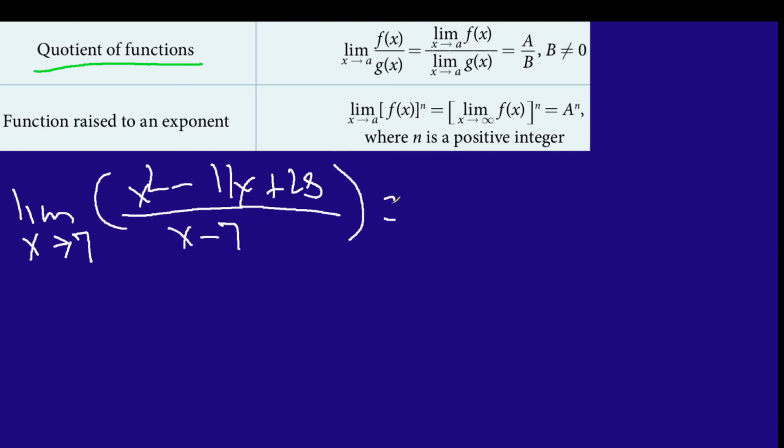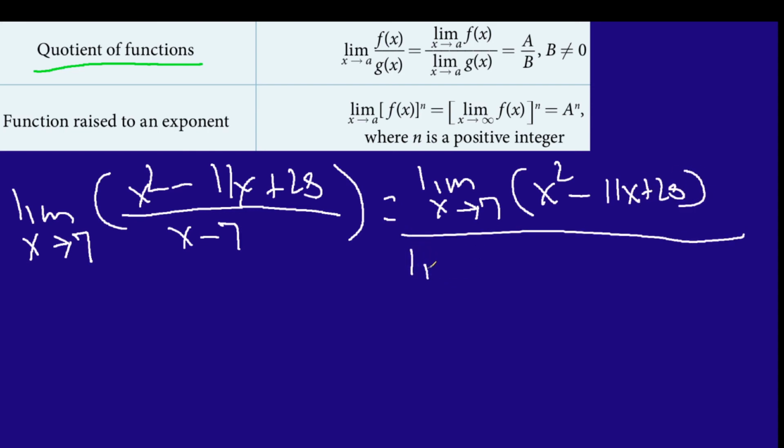If we want to be really strict, because I don't want to skip steps here, because math teachers love to do that, we would have to write it out as follows: the limit of x approaching 7 of x squared minus 11x plus 28, all that over the limit of x approaching 7 of x minus 7. Now the first thing we need to do in this particular example is factor the top.